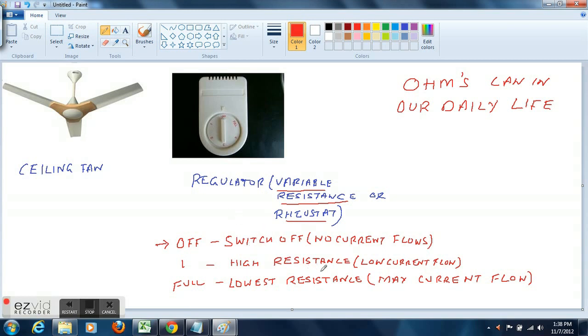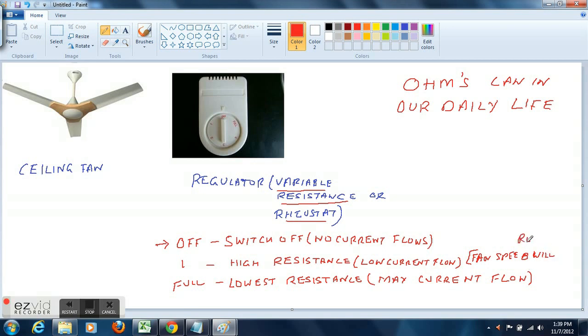So point number 1 in the regulator has a very high resistance, so the fan will rotate at a slow speed because current flow is reduced. Then comes point number 2.